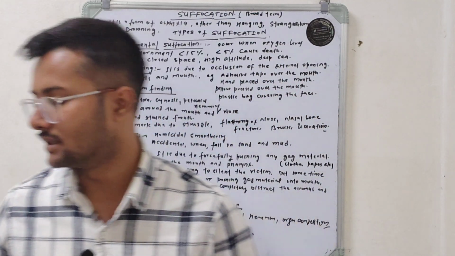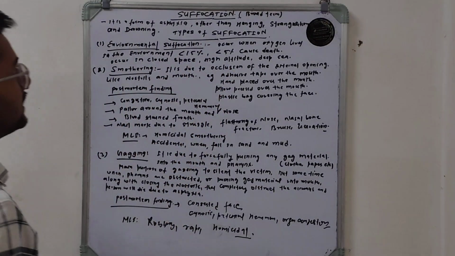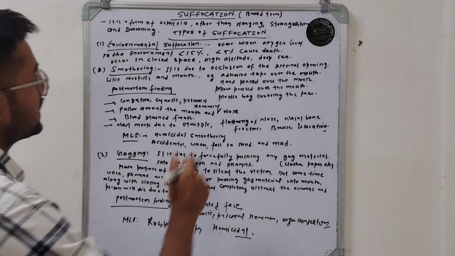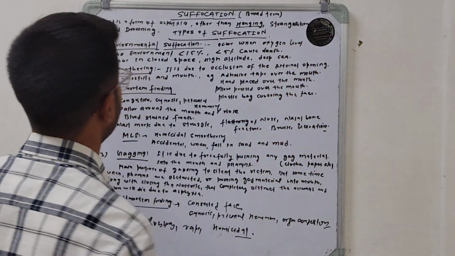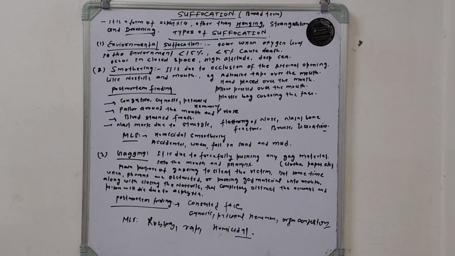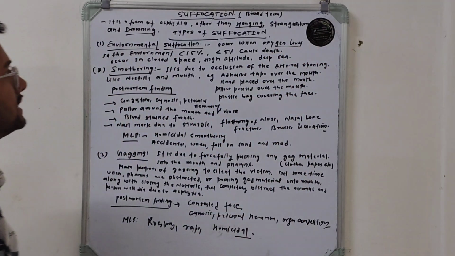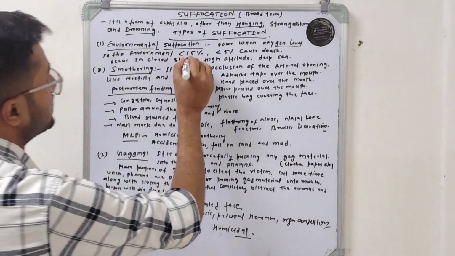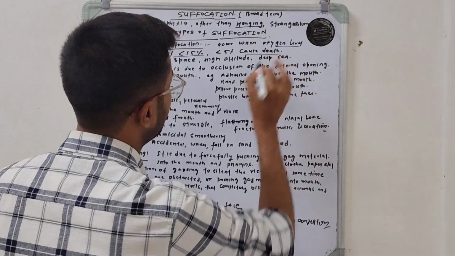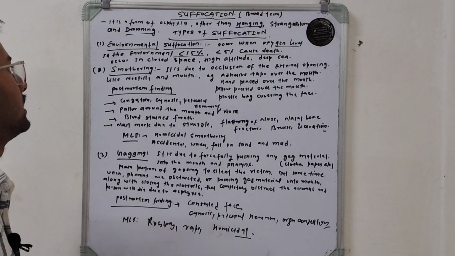Now we move toward the reading section. Suffocation, as I already discussed, is a broad term. It is a form of asphyxia other than hanging, strangulation, and drowning. The types of suffocation are: environmental suffocation, which occurs when the oxygen level in the environment is less than 15%, and if the oxygen concentration is less than 5%, the person will die due to asphyxia.